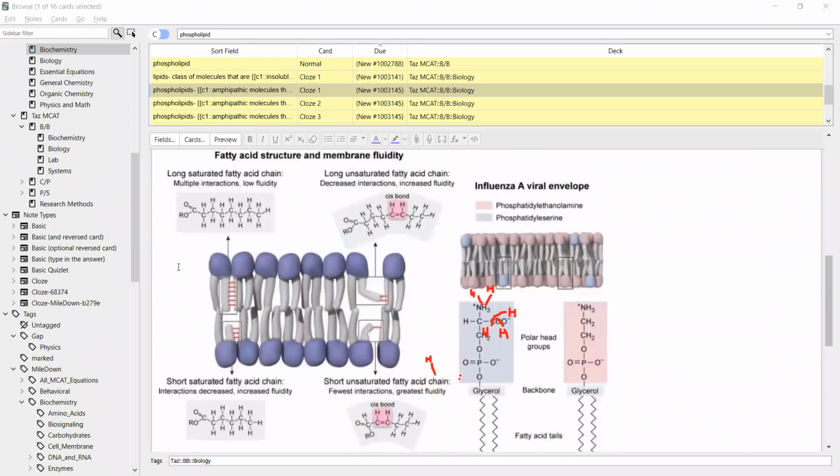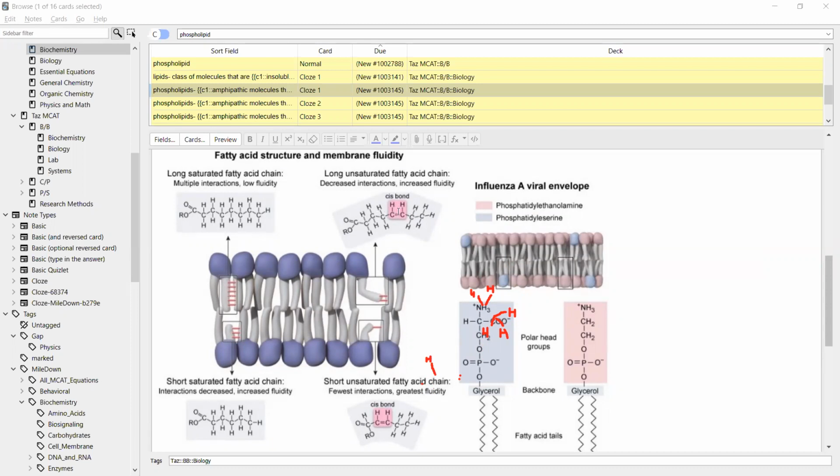Here you can see that the left one is a long saturated fatty acid chain. They are all relatively straight and able to pack together well. And between nonpolar molecules, there's van der Waals bonding, just a small, transient interaction, right?